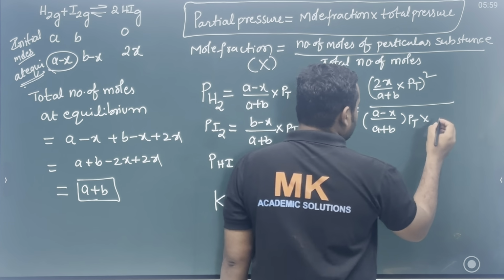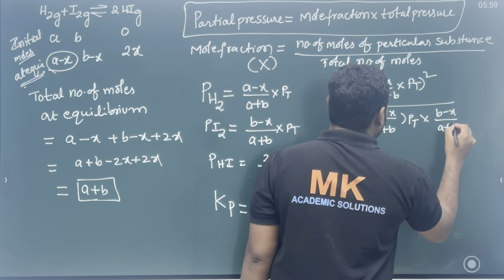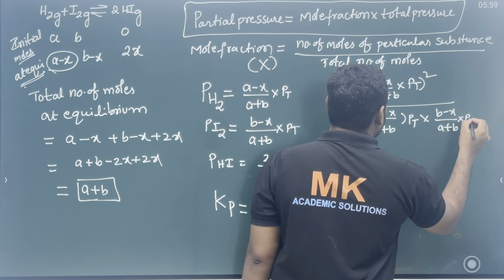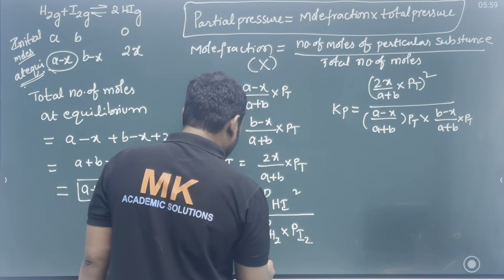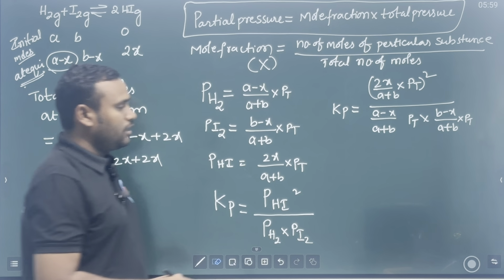What is the partial pressure of I2? B minus x by A plus B into Pt. Okay, so this is the Kp expression for this reaction.